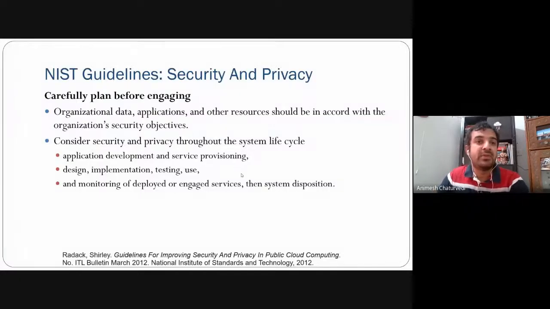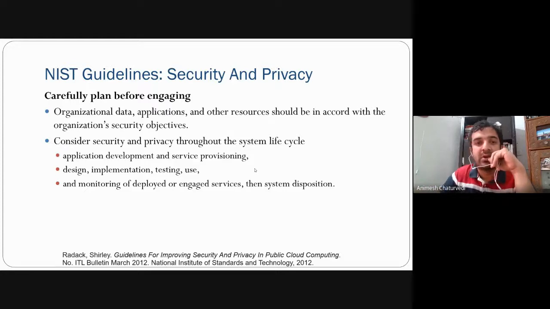First of all, we will begin with NIST guidelines. What does it say? It says basically something from the starting point. Whenever we are building a cloud platform or any internet-based application, we have to be careful from the starting point, and we have to plan accordingly before engaging in all these companies and all these assets.